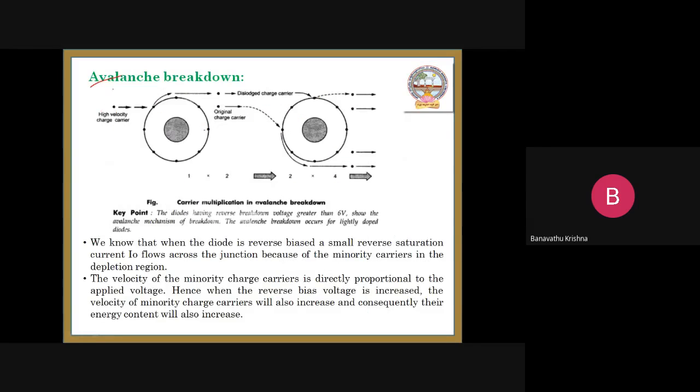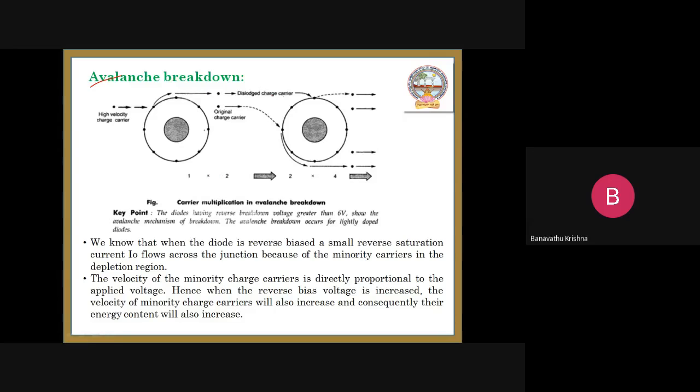So this is the avalanche breakdown here. This is one atom, and this is another atom. Here we see a high velocity charge carrier, the original charge carrier and the dislodged charge carrier, releasing a number of electrons. Initially one charge particle moves and releases other charge particles, like 1 into 2.